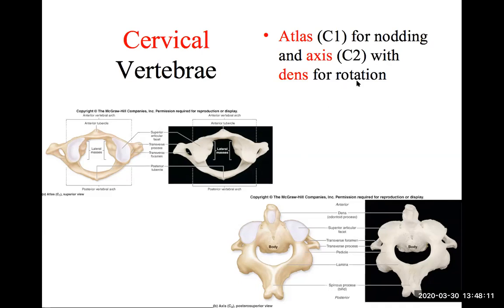So if you turn your head to the right, you turn your head to the left, that's rotation. So the atlas moves around this single point of rotation of the axis bone. So you could call these bones atlas and axis, or you can call them cervical vertebra number 1, cervical vertebra number 2.